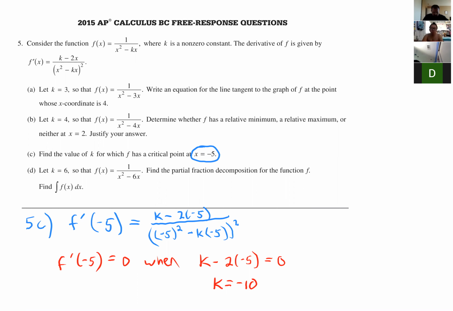Okay, this is 5C, in order to be a critical point, k equals -10 would work. I'm just focusing on the numerator here.